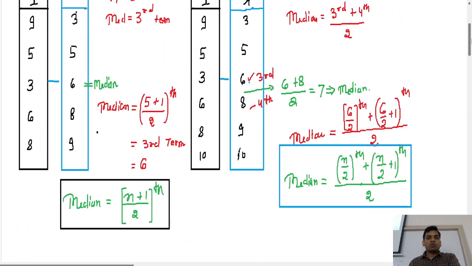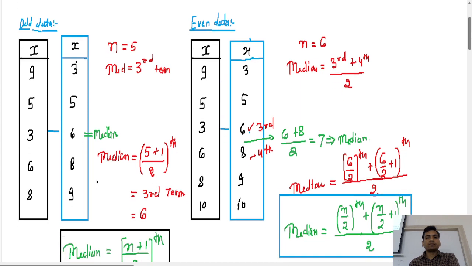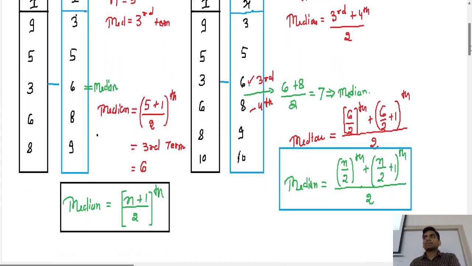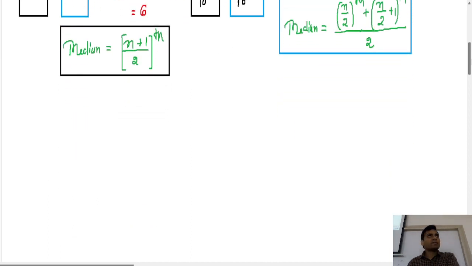In individual data for median, how many formulae are there? Two formulae. First is for odd data and second is for even data. So in case of quartile, no issue of odd or even. If you have even or odd, you will use the same formula. So this is n plus 1 upon 2th for median.